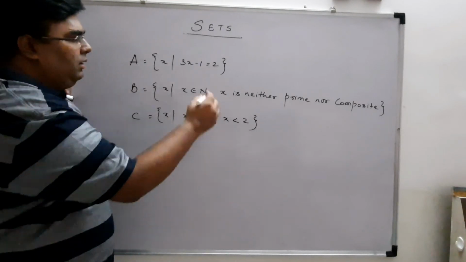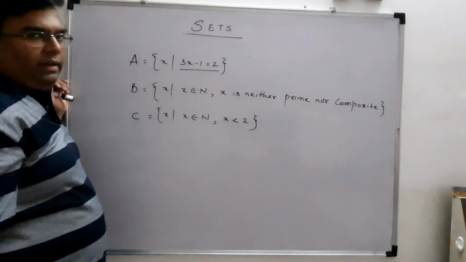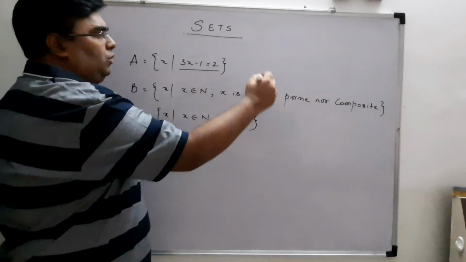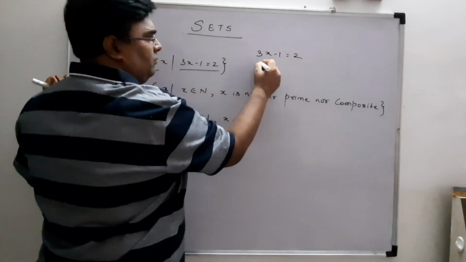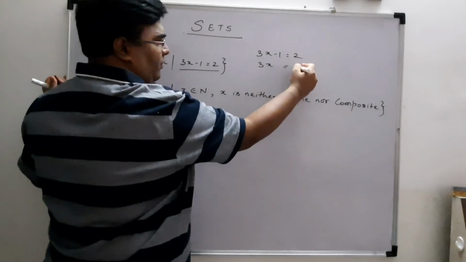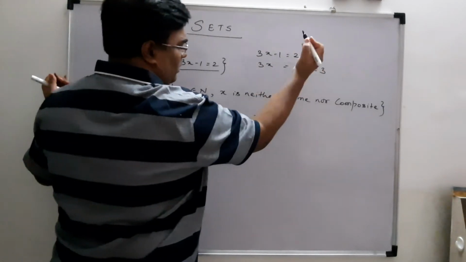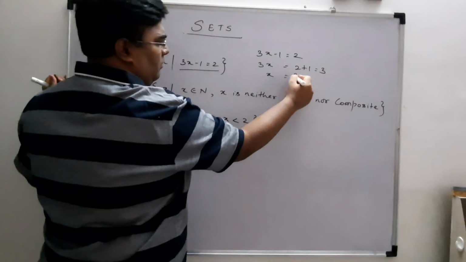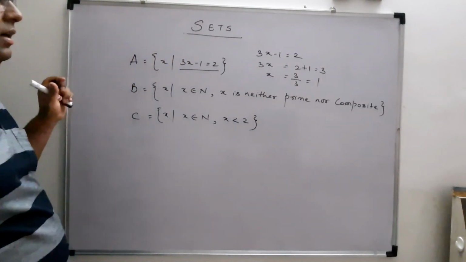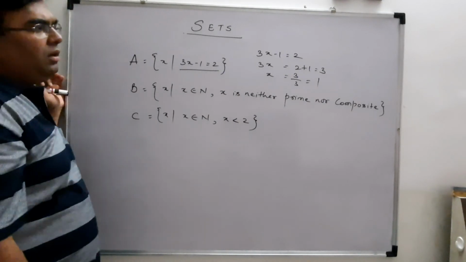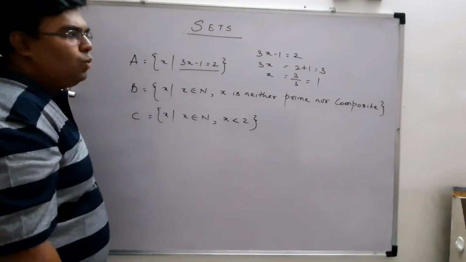Okay, so here there is an equation, 3x minus 1 is equal to 2. If you solve this equation, this 1 will go there and then it will go in division and we will get the value of x as 1.